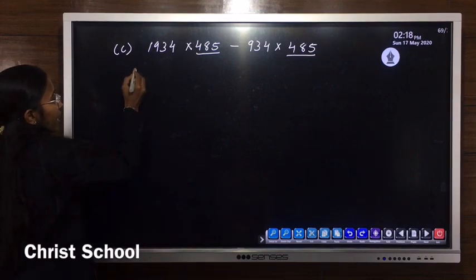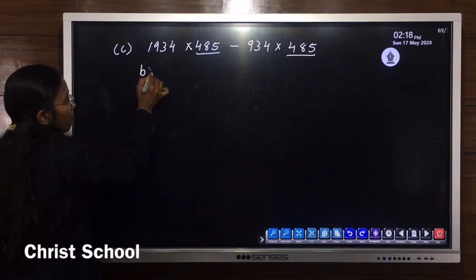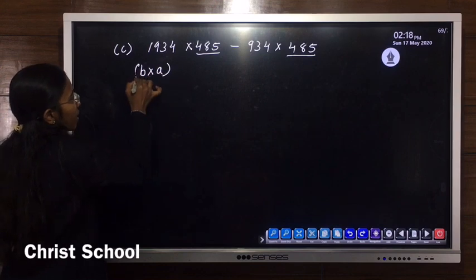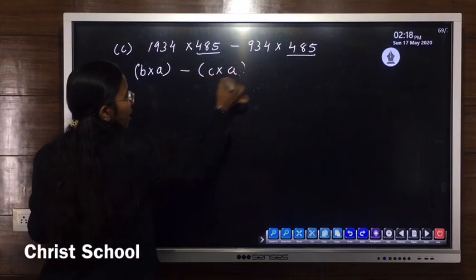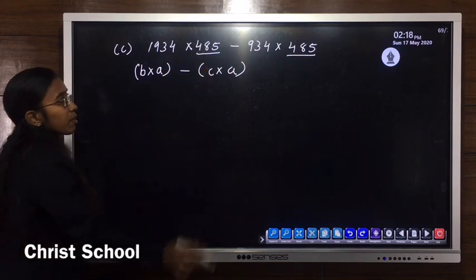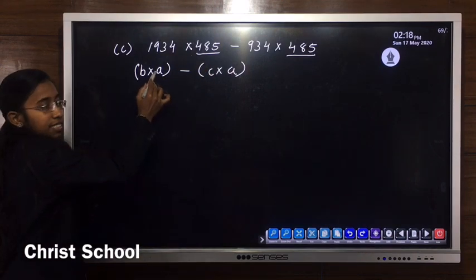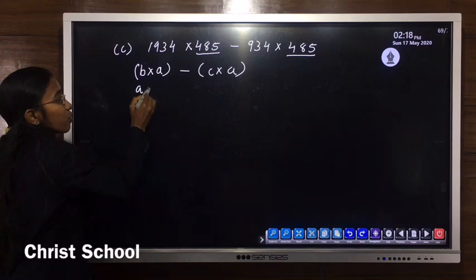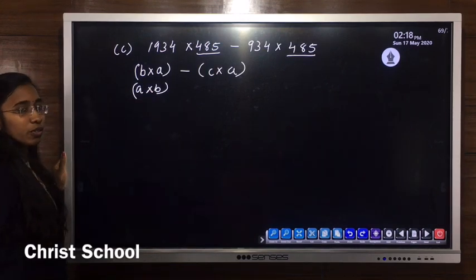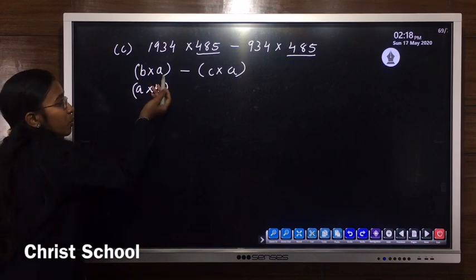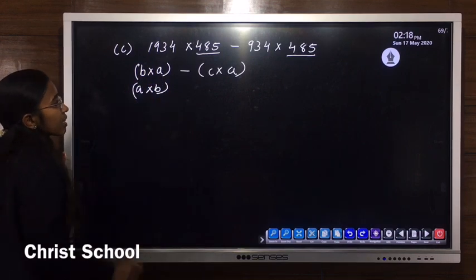So here we can write like this: B into A minus C into A, because here the second term is common, so I write A as the second term. B into A and A into B are both the same because multiplication satisfies the commutative property also. So whether we write B into A or A into B, both are the same.